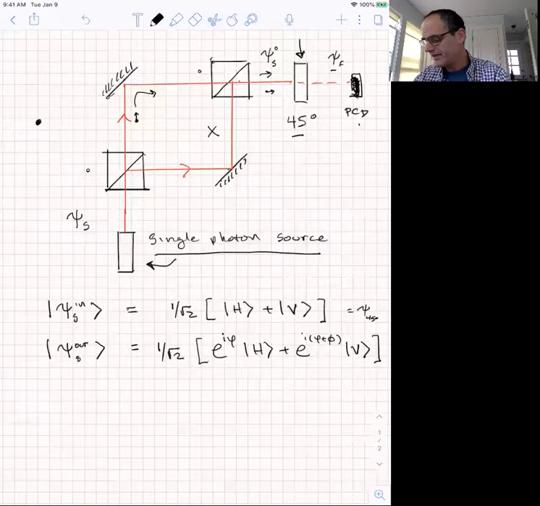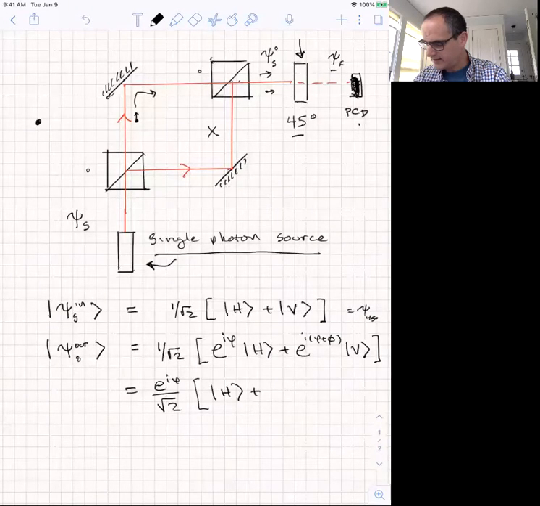So here I've said that the phase shift for the vertically polarized beam is e to the i phi, where phi is the phase difference. And we can write this as e to the i phi over root 2 times, let's say, H plus e to the i phi V. Okay? Great.